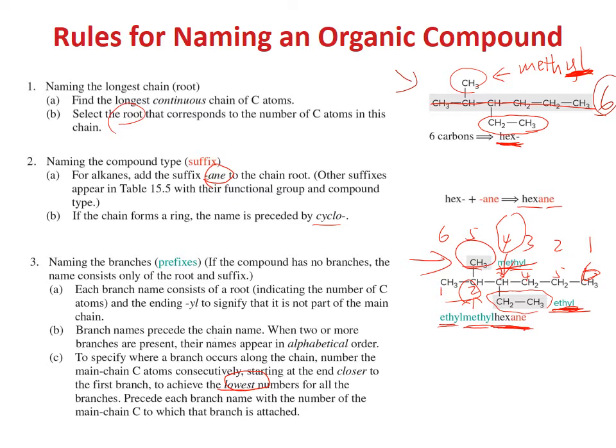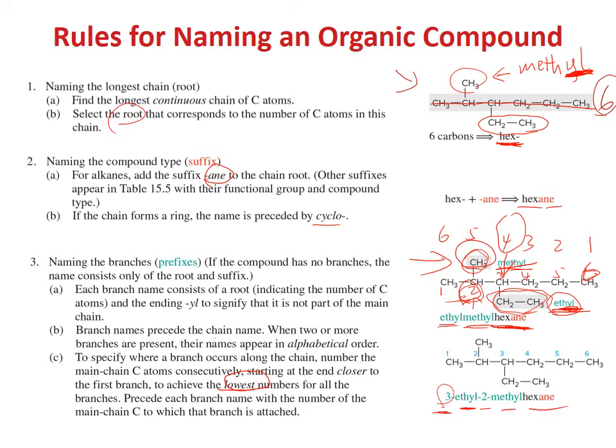And therefore we see methyl is at number 2 carbon, ethyl is at number 3 carbon, and therefore the name is 3-ethyl-2-methylhexane.